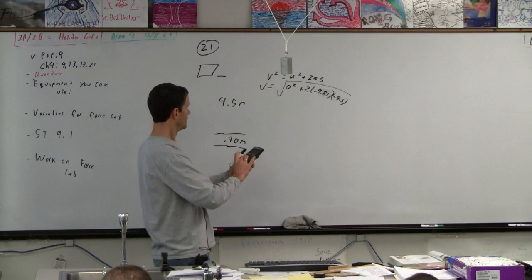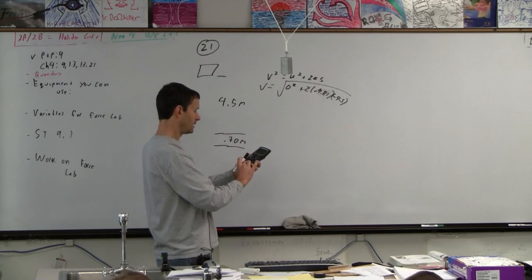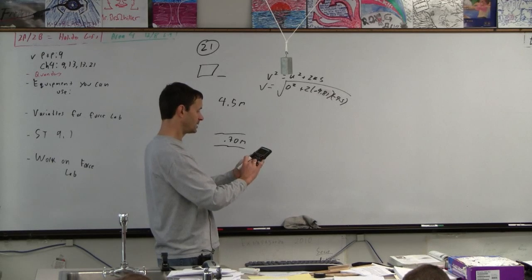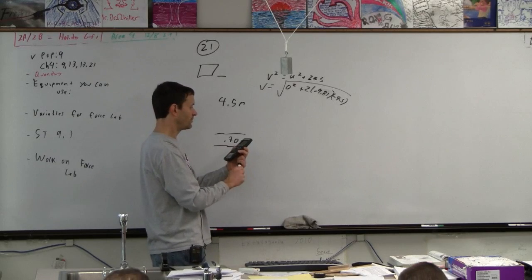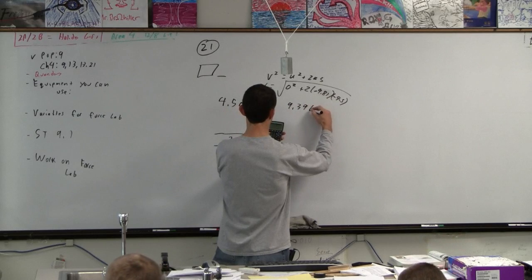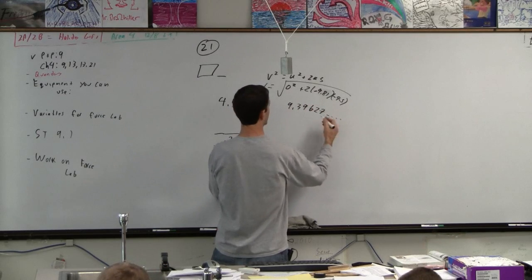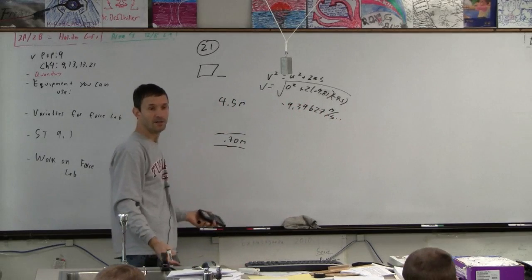So we've got the square root of 2 times negative 9.81 times negative 4.5, and I'm getting 9.39627 meters per second.